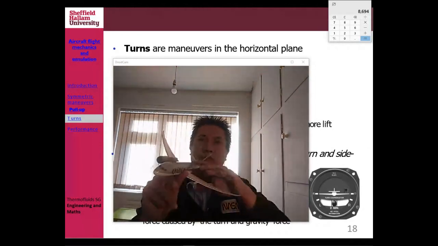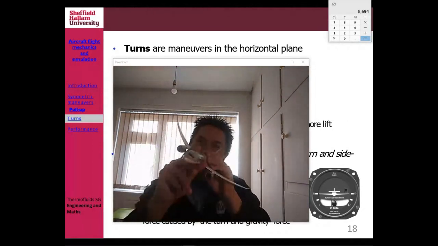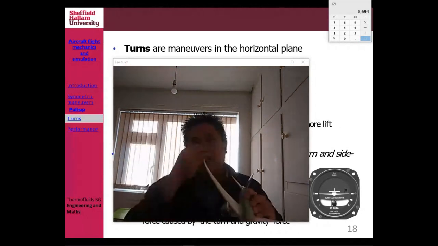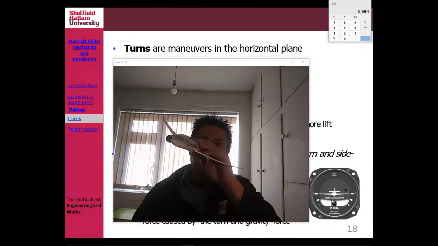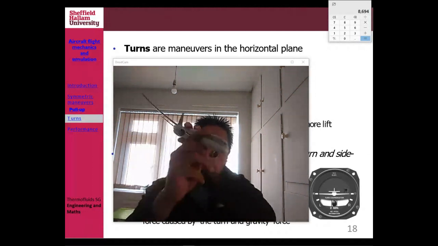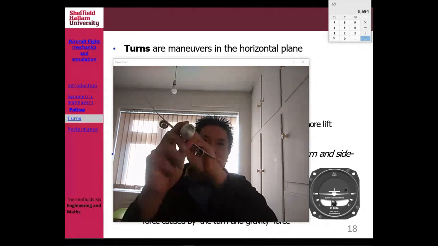Now that comes to the point when we talk about slipping and skidding, right? I hope you get the point of the intention of a coordinated turn compared to an uncoordinated turn, where, for example, you also have yaw motions.